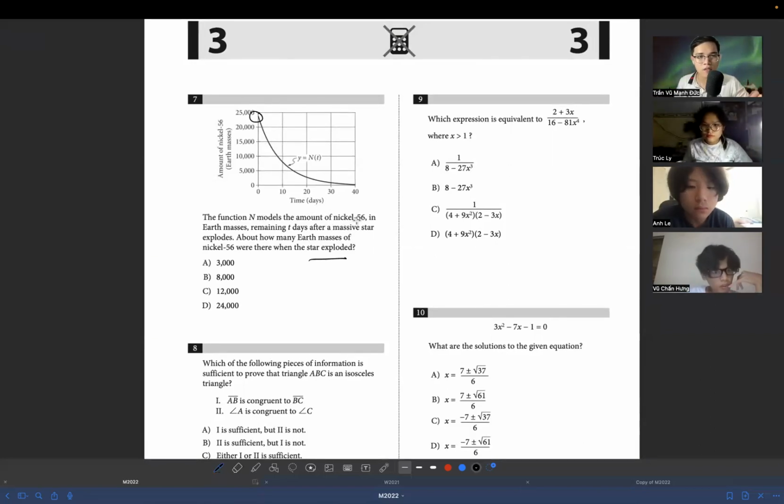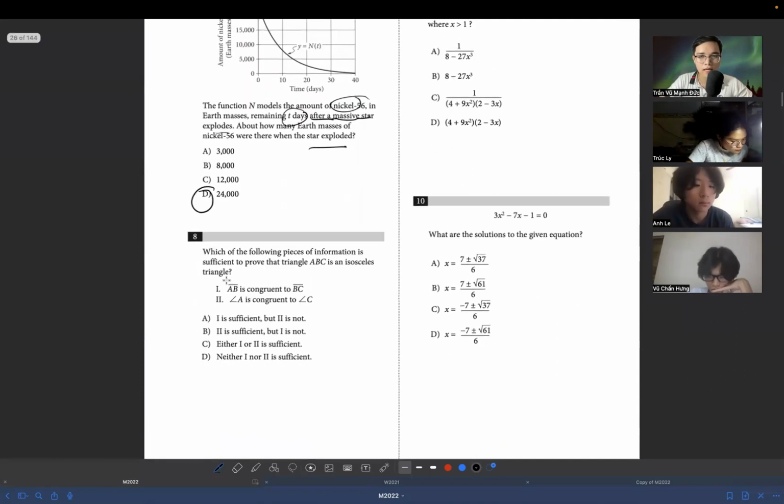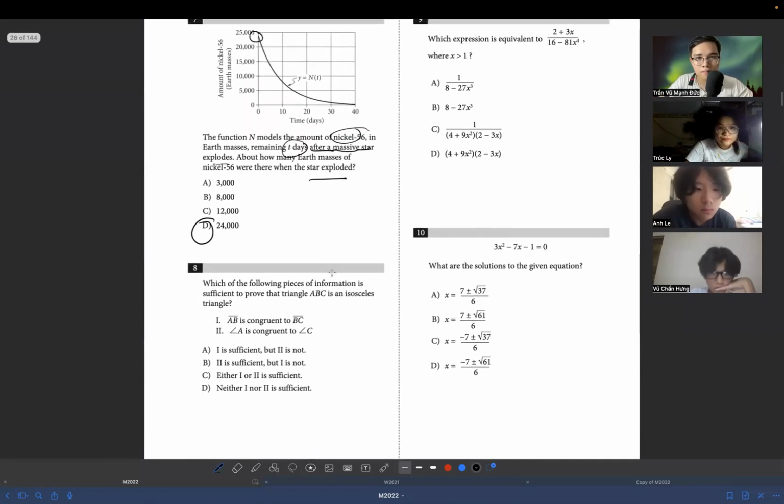The function n gives the amount of nickel in Earth masses remaining t days right after a massive star explodes. So they ask when the star exploded. It's right after the star explodes, which is the y-intercept of the equation, which is 24,000. It's D.